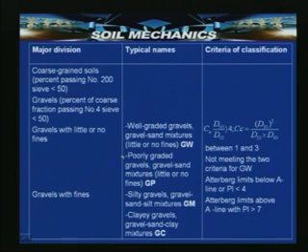The typical names work out like this: well graded gravels, gravel sand mixtures, little or no fines. It is qualified as a group GW if Cu, that is D60 by D10, is greater than 4, and Cc, D30 square by D60 into D10, is between 1 and 3.